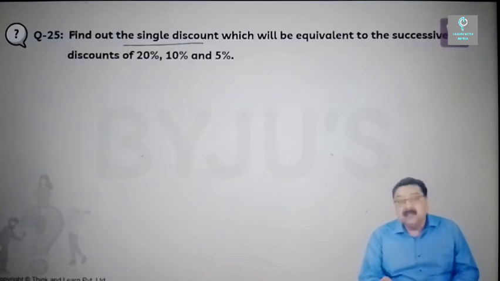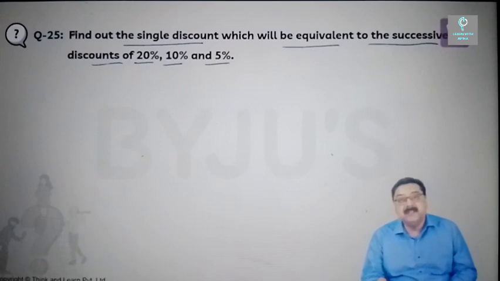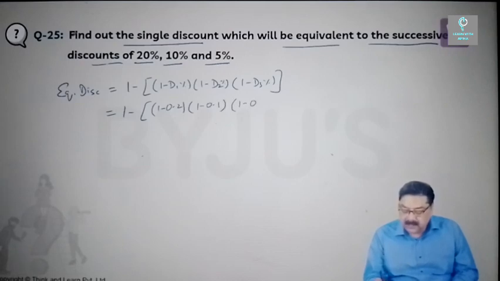Now find out the single discount, that is the equivalent discount, which will be equivalent to the successive discounts of 20%, 10%, 5%. So the equivalent discount, as we learned earlier, is 1 minus D1% into 1 minus D2% into 1 minus D3%. So it shall become 1 minus 0.2 into 1 minus 0.1 into 1 minus 0.05.